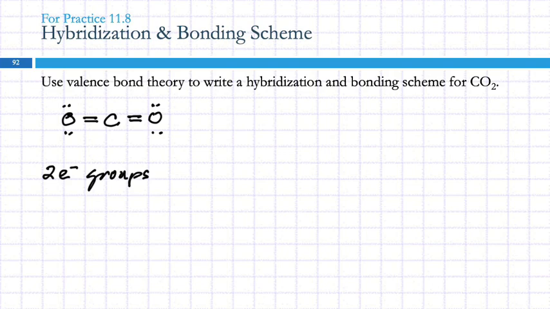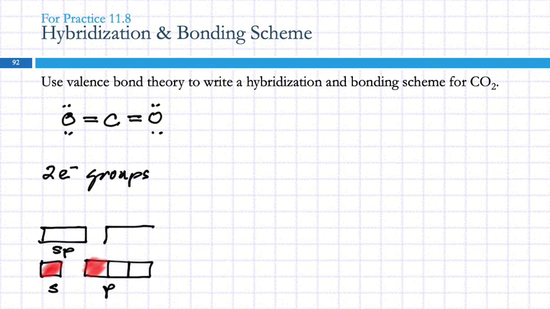Right? So, here's carbon with its S and P, and I need to use 2 of those, right? So I'm going to take this one and this one. And so the hybrid orbitals will be sp, and then I've got 2 p orbitals that are left.